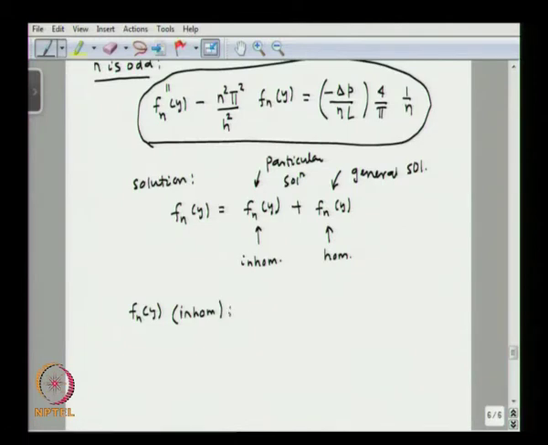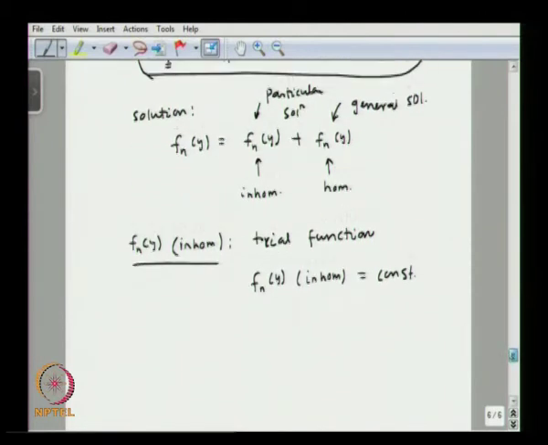to obtain that, we can use a trial function f_n(y) inhomogeneous to be constant, and if this is constant for the inhomogeneous solution, then this gradient term will vanish. Okay. So, in that case we can find what is f_n(y).